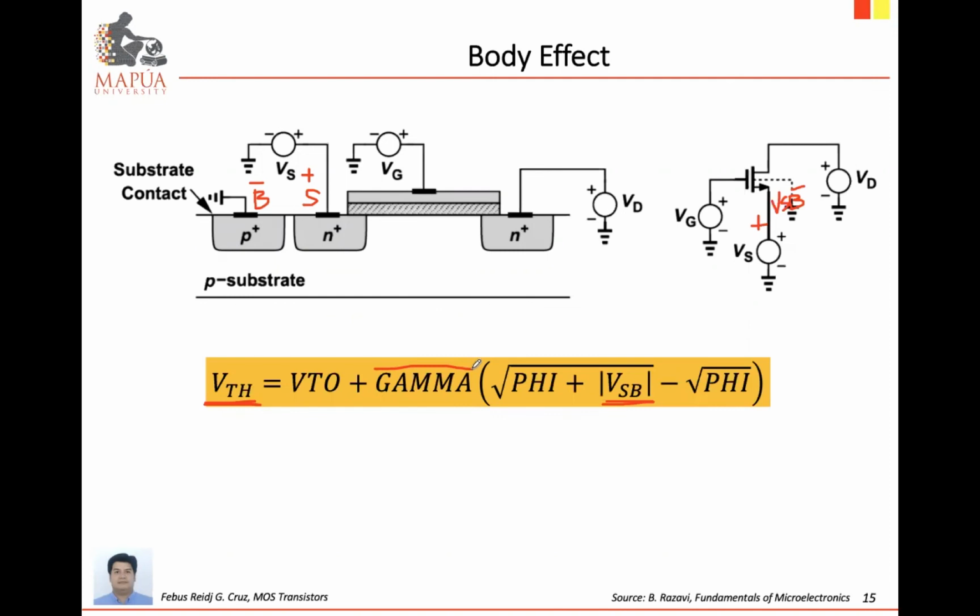They will do the actual measurements: apply actual voltages and measure the resulting drain current. From the measured values, they are going to extract the parameters. That is where Kp, lambda, gamma, and in this example our phi come out. Is that clear? Or do you have inquiries or questions?